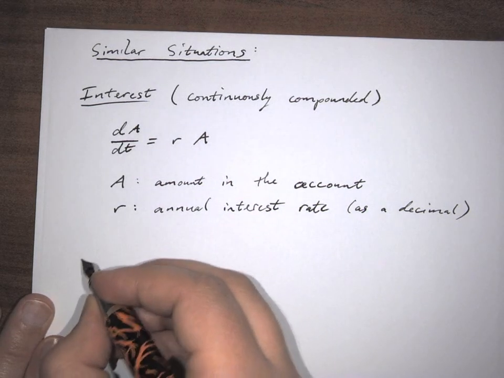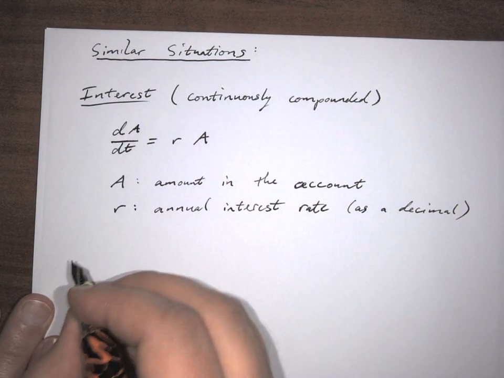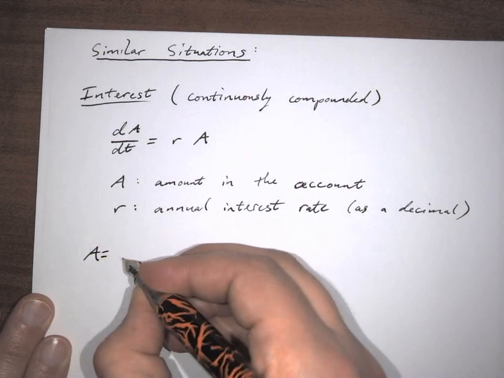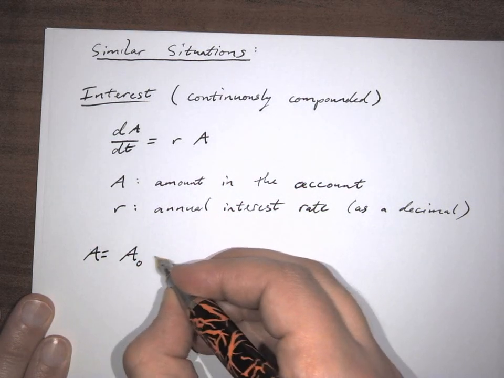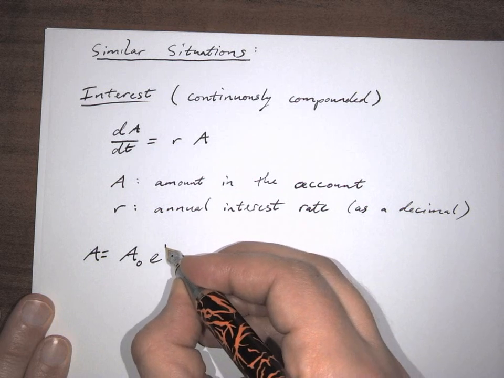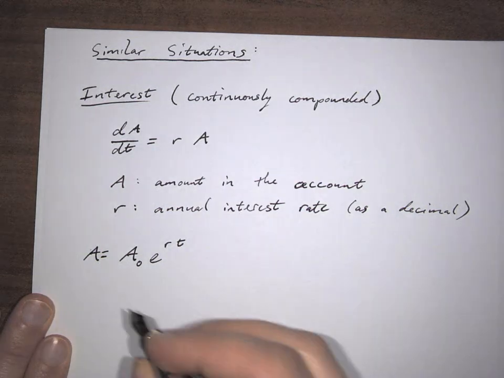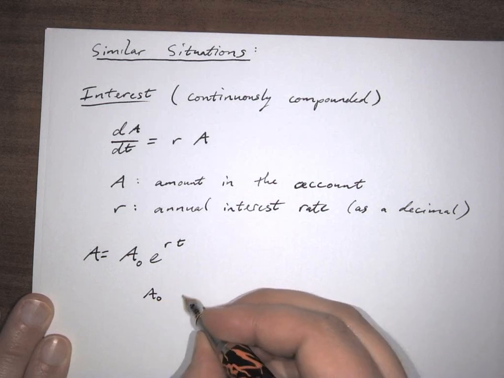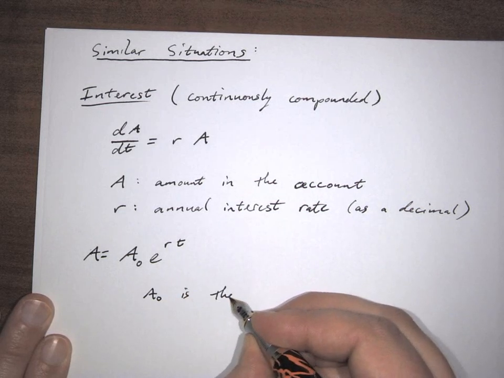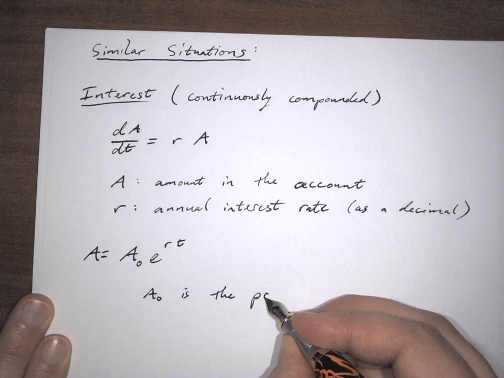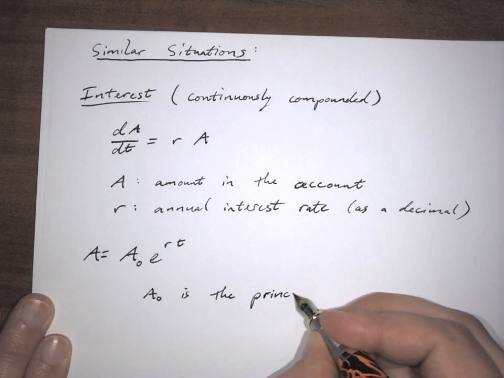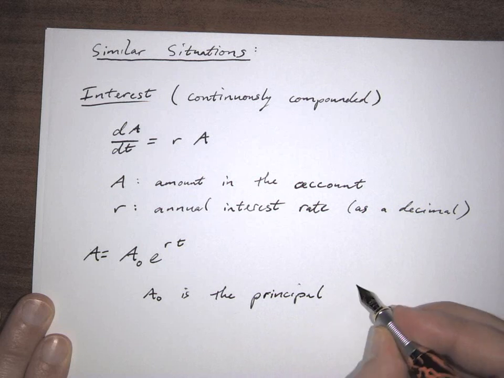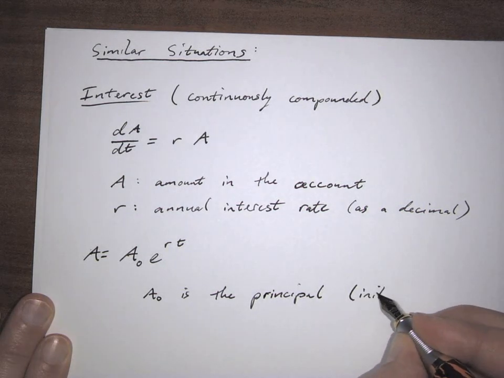And then by the exact same chain of reasoning, because it's the exact same differential equation, we would get A is equal to, and here we could write it A naught e to the rt, where A naught is the principal, in other words, the initial amount.